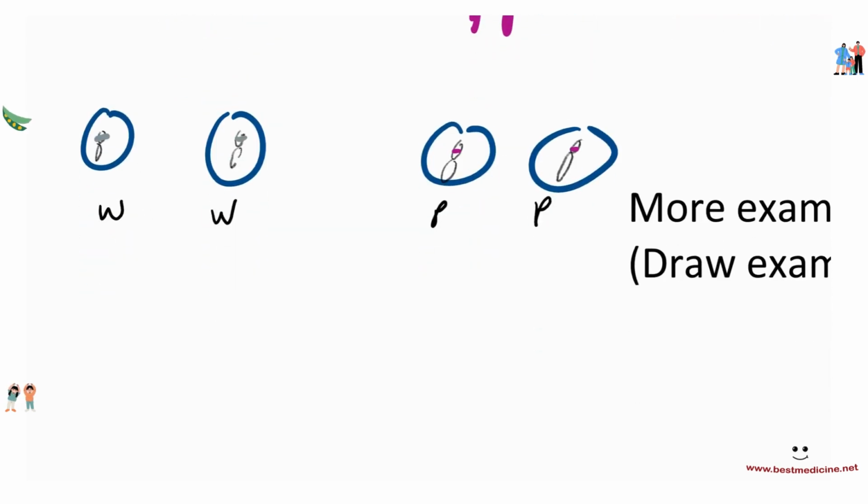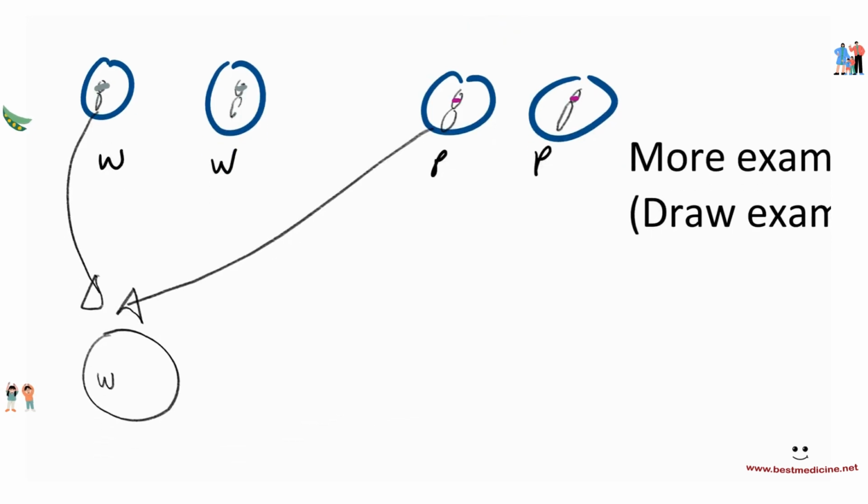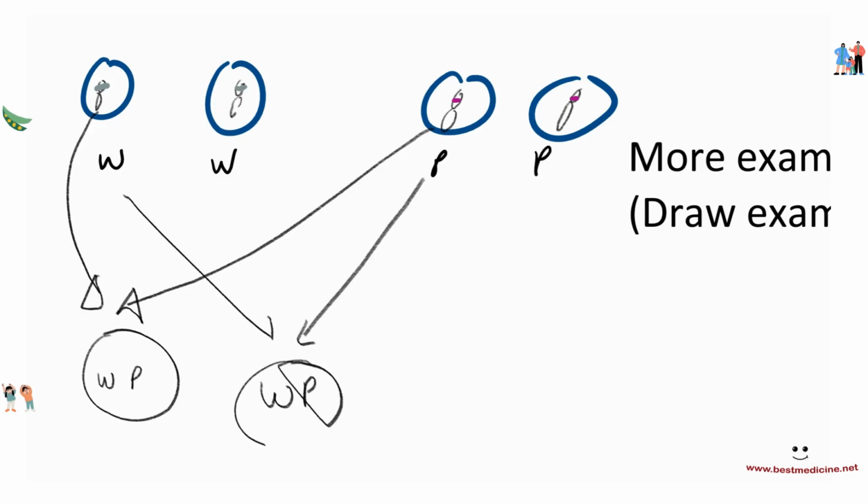When they meet each other and form zygotes, we have different possible meetups. There's a chance that this particular gamete is going to meet this gamete and form a zygote. In that case, you're going to have a white allele on the left chromosome and a purple allele on the right chromosome. When this one meets this, you still get white and purple as the genotype.